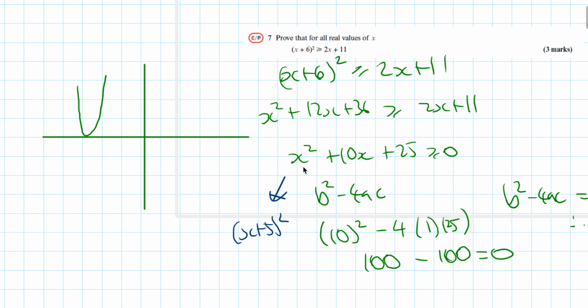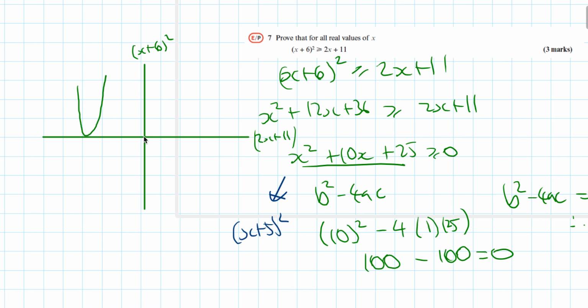So what I've done is I've converted this inequality into a separate quadratic, and then shown what that quadratic represents: the x-axis is like 2x plus 11, and the y-axis is going to be (x plus 6) squared, instead of the usual y and x, because I put them together and rearranged it, changing what the x and y values represent.